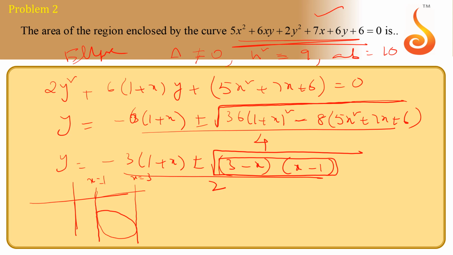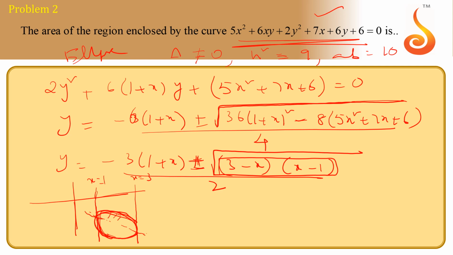Now what I have to do, because it is below the x-axis, I have to use the modulus, and at the same time, if you integrate, this whole graph is not a function. The whole graph is not a function. That's why there is a plus part and a minus part, and it is symmetric about this line.